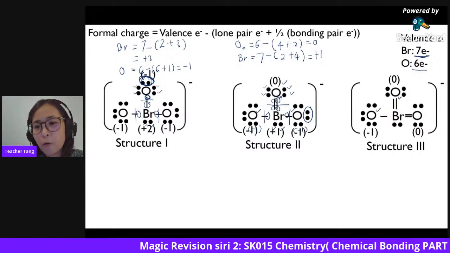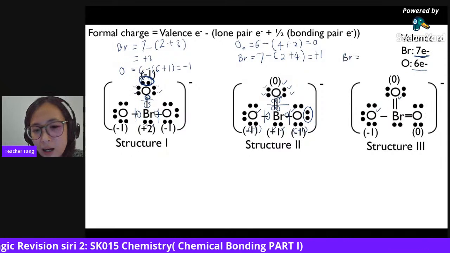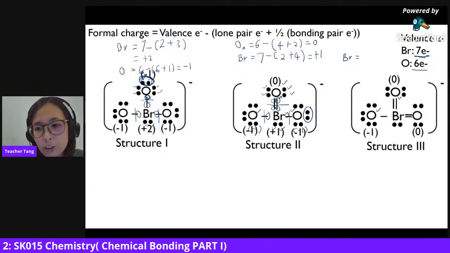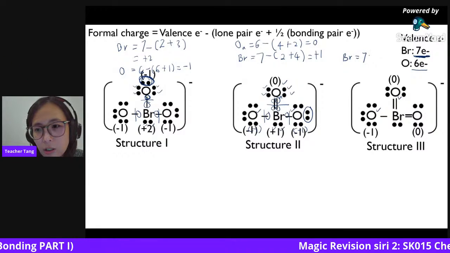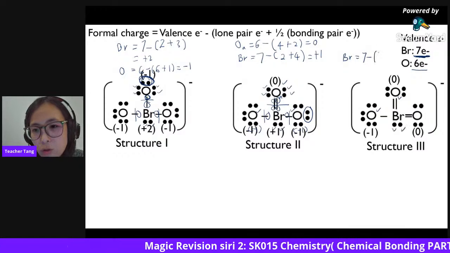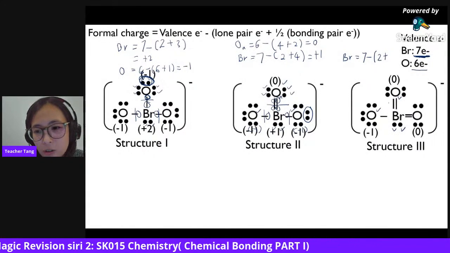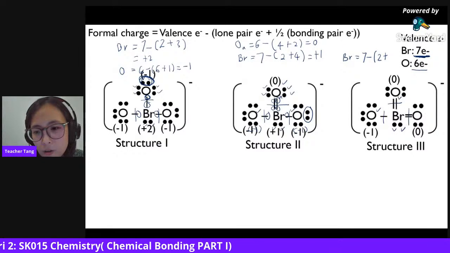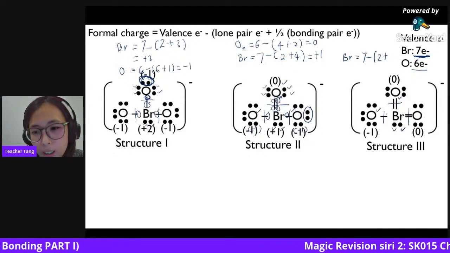But for bromine, we need to recalculate the formal charge because it is now involved in 2 double bonds. So 7 valence electrons minus lone pair electrons 1, 2, so 2, plus half the bonding pair electrons. We cut all the bonding pair electrons in half and only count the electrons that belong to bromine involved in bonding.